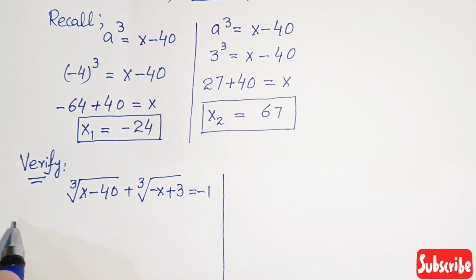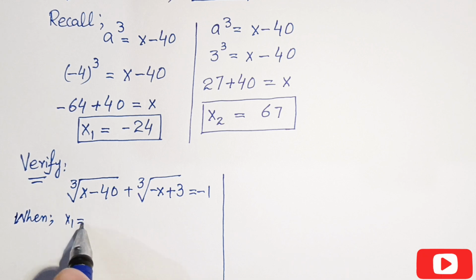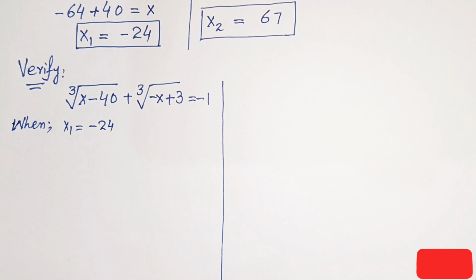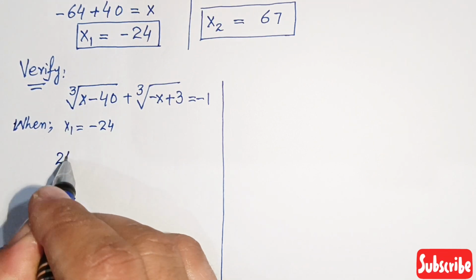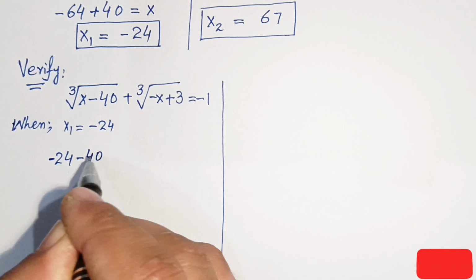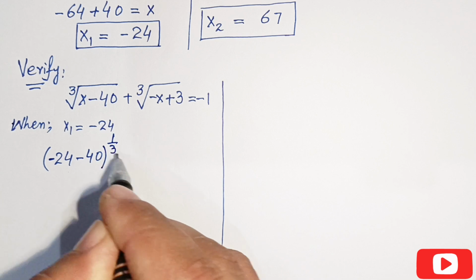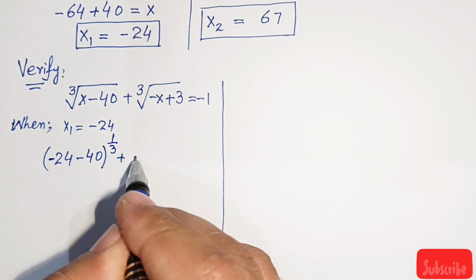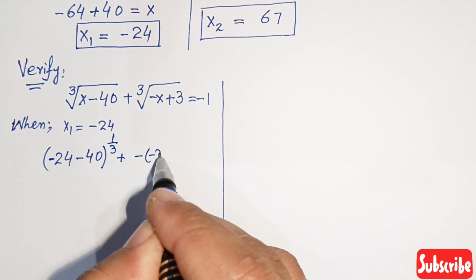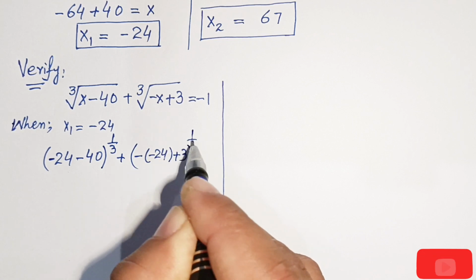So first of all, we use x1 is equal to minus 24. Now putting this value here, we get minus 24 minus 40, whole to the power 1 over 3, since cube root can also be written as the power 1 over 3, plus similarly minus x is minus of minus 24, plus 3, whole to the power 1 over 3.